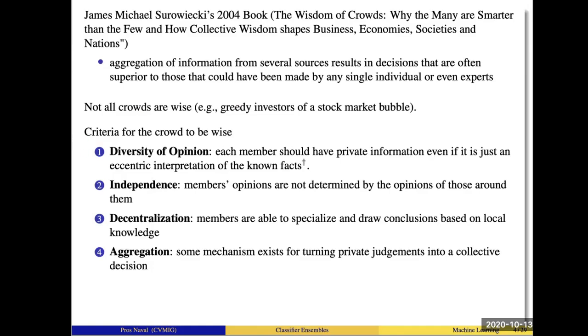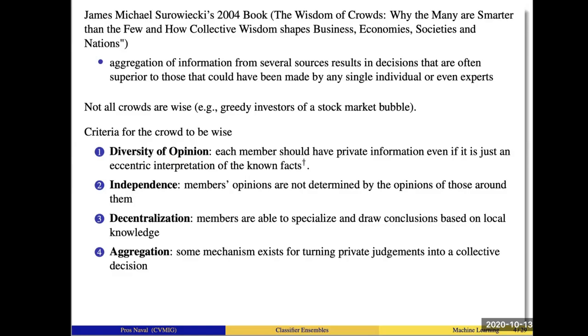So what's the criteria for the crowd to be wise? One, diversity of opinion. These ideas are from the book of this guy. Number one is diversity of opinion. Each member should have private information, even if it is just an eccentric interpretation of known facts. For example, the stock market.